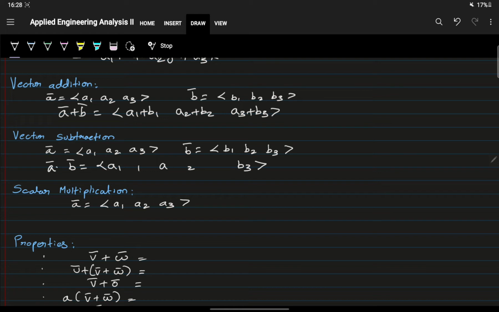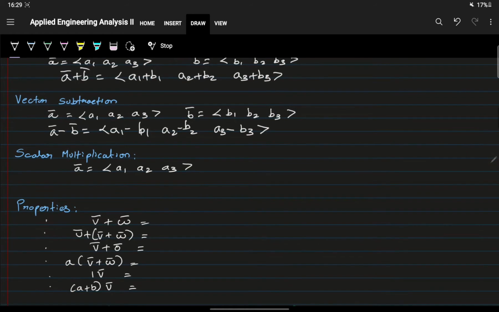Vector subtraction is provided by a1 minus b1, a2 minus b2, a3 minus b3. And for scalar multiplication, let us consider this vector a. When we multiply a scalar to a vector, this gives us this.